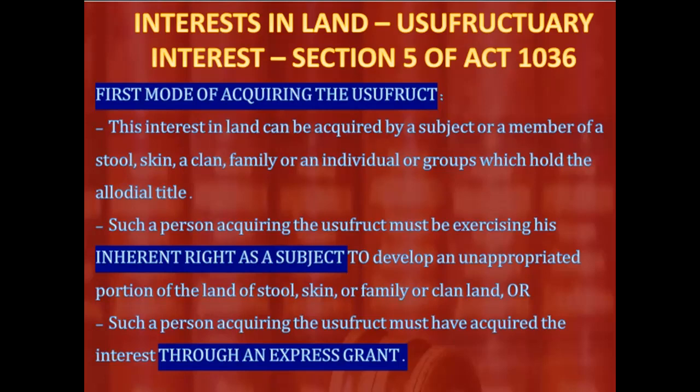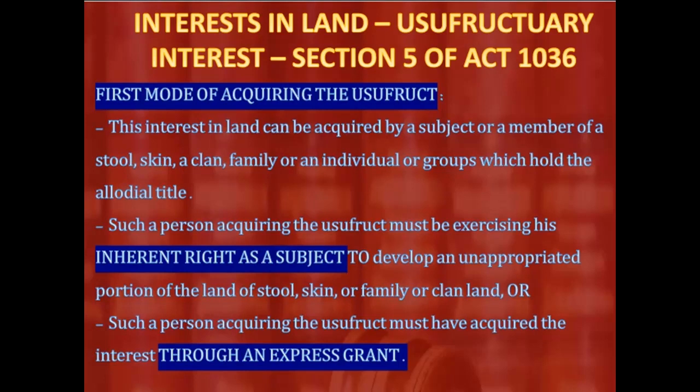The subject can acquire it through the exercise of its inherent right as a subject to develop an unappropriated portion of the land. So the subject can acquire the usufruct by exercising his inherent right as a subject to develop an unappropriated portion of the land that belongs to the allodial title that he is a member of.